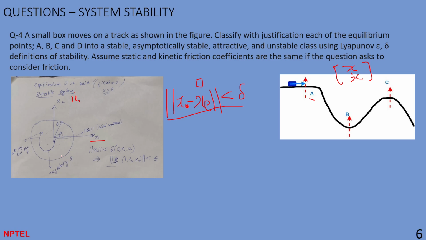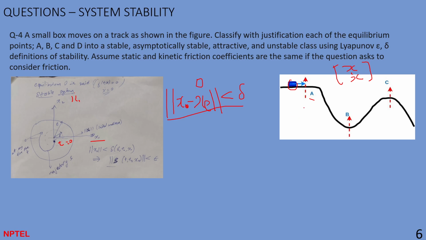Let's say at time equal to zero, your object or your box is somewhere here, and you have some small perturbation. Small perturbation means there's some small velocity or some small position you have given here, and it should be less than, let's say, a delta.